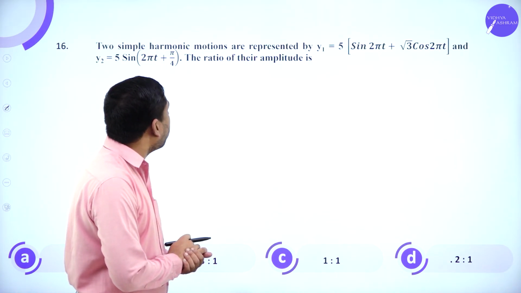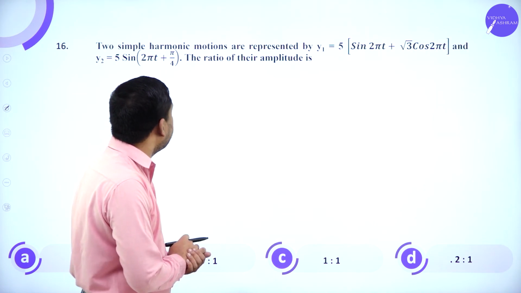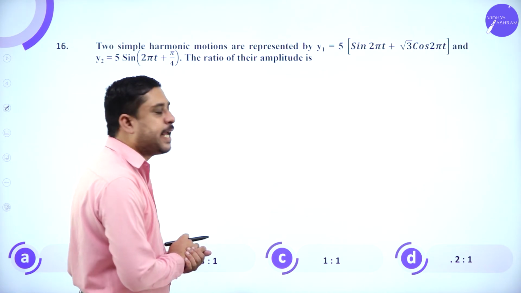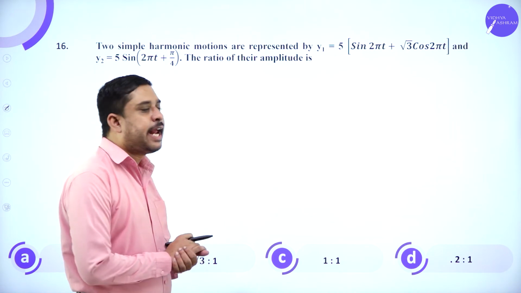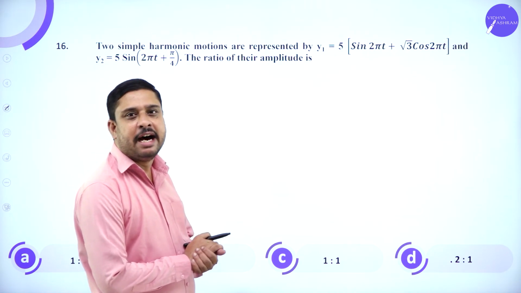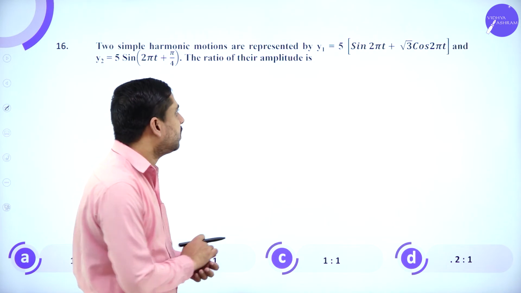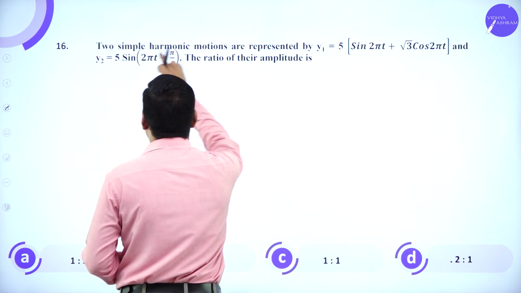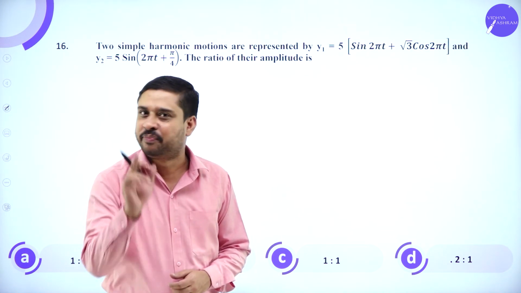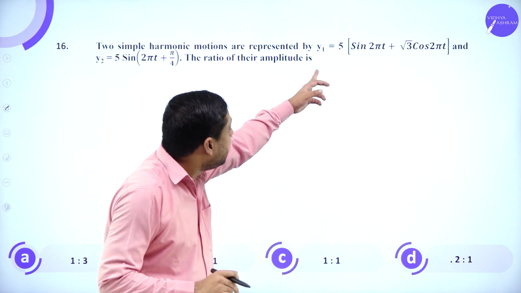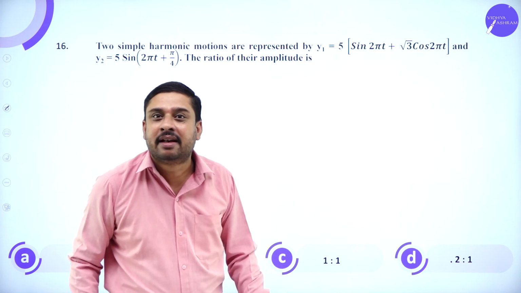Two simple harmonic motions are represented by equations y1 and y2. The ratio of their amplitudes. Here it is 5 and 5, so 5 by 5 is 1. No. Look at the equations.